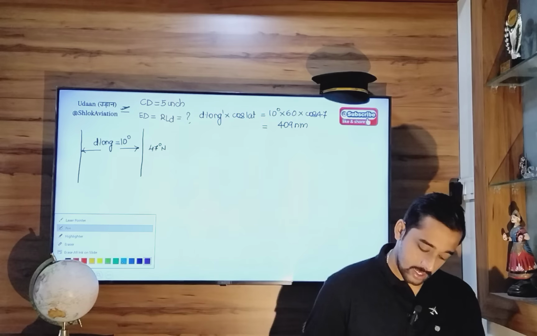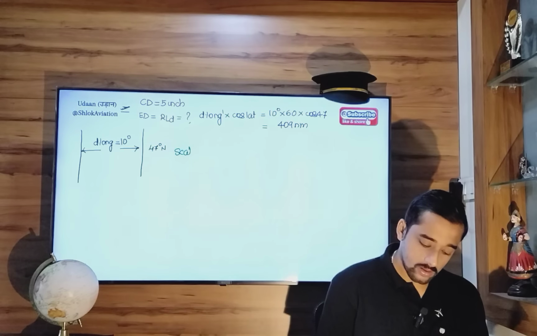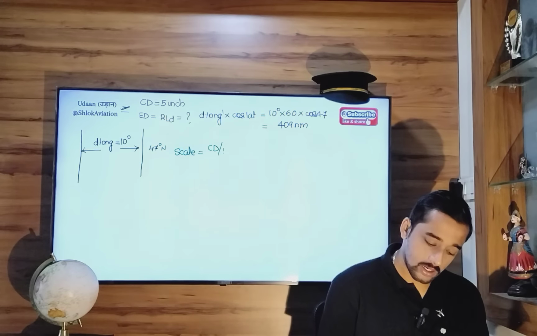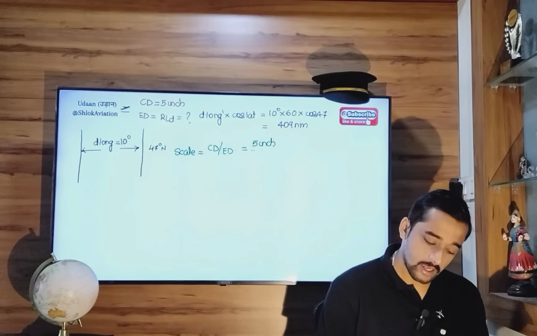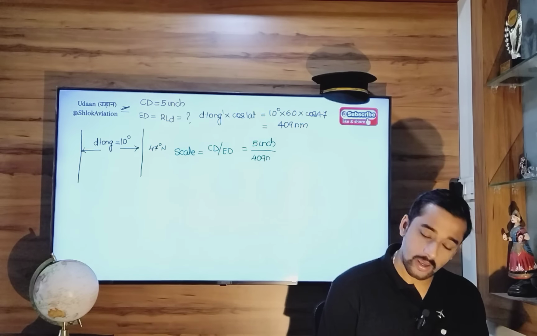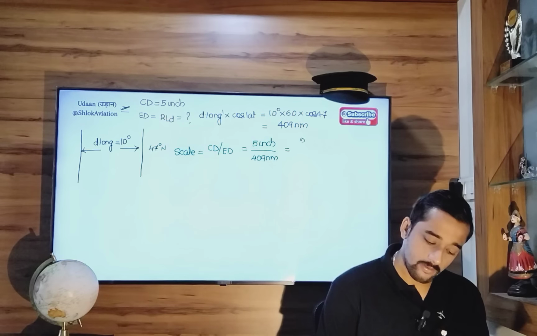So now scale will be equal to chart distance upon Earth distance, 5 inch divided by 409 nautical mile. So 5 inch over 409 into 1852 meter into 100 centimeter.